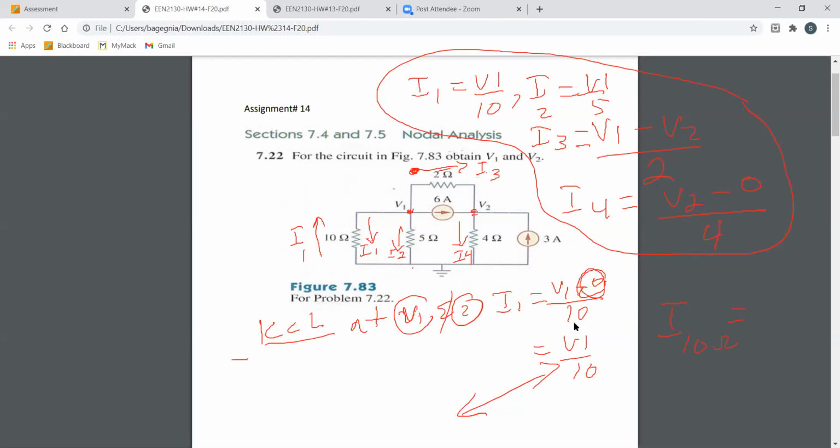You are free to label the currents as you wish. You call it I1, I2, I3, whatever you want. So I will ask you, what is I10 ohms? What is I5 ohms? And so on. And then another question, what is the power consumed by the 10 ohms? What is the power consumed by the 2 ohms?